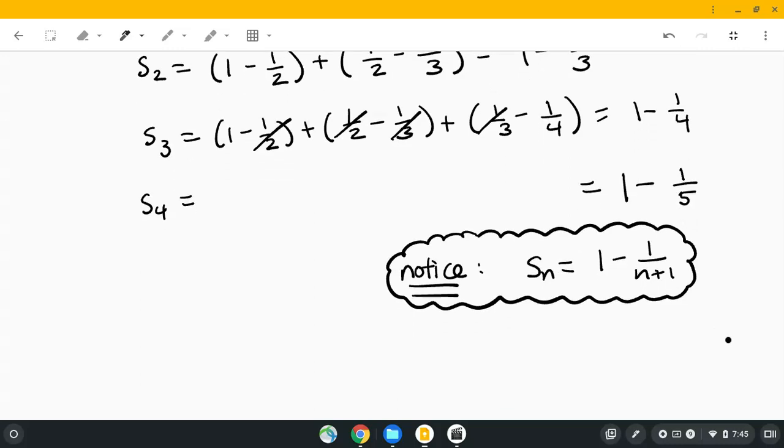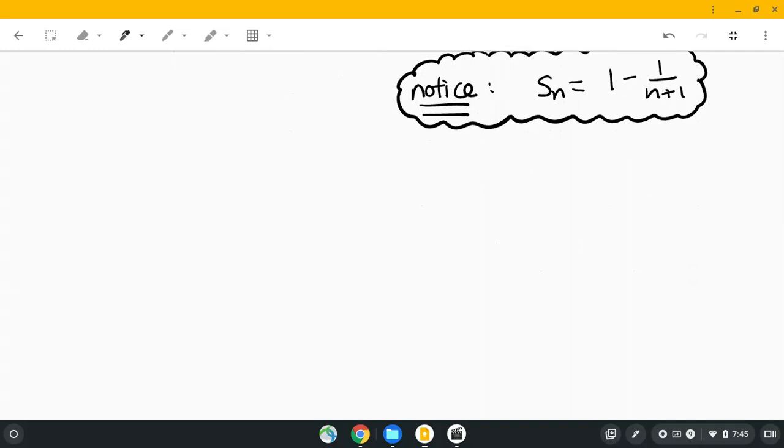Okay, let's take a look at summation notation. This section is called sequences and summation notation. Summation notation is also known as sigma notation.